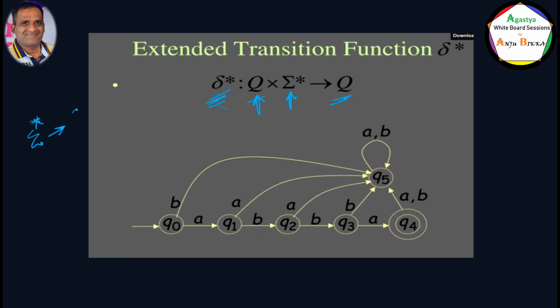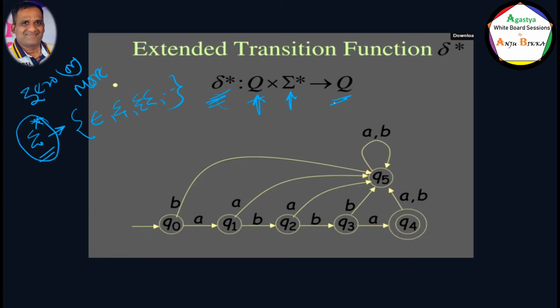For the time being, it means zero or more occurrences, where zero occurrences is nothing but empty, then sigma, sigma sigma, and like that. So zero or more occurrences of sigma is denoted by sigma star. So delta star takes Q and sigma star and gives Q naught.